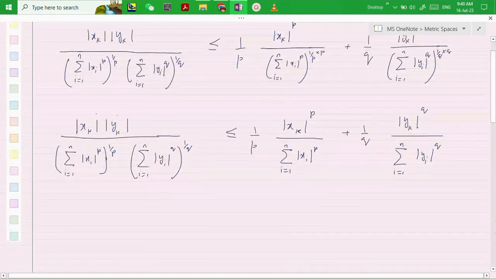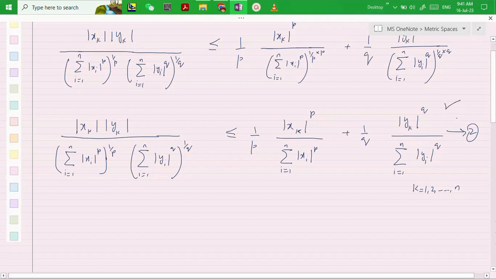So this inequality number 2 is satisfied for each k. We can say that we have n number of inequalities: for k equals 1, for k equals 2, and so on up to k equals n.